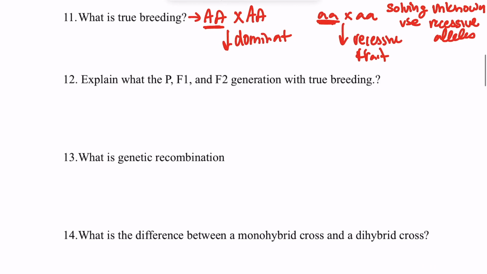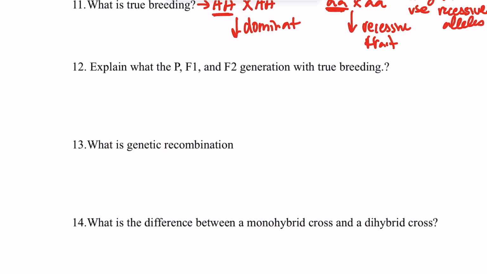Okay, so number 12, explain the P1, the F1, and the F2 generation with true breeding. So this is going to be your ratios that you'll have to memorize. Your P1 is your parent. In Mendel's experiment, we can look at either the monohybrid or a dihybrid. So I'll just break it up into, this one will be mono, this one will be di.